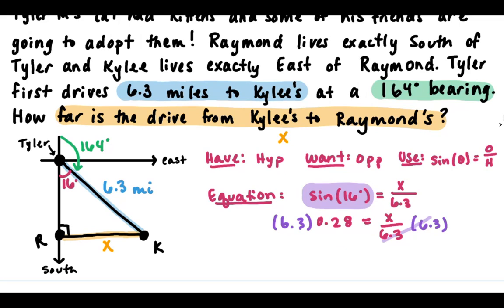So 6.3 times 0.28, 1.764. So we could round this off to 1.76. I think I will do that. Or since it's just 3 decimals, you could just leave it.